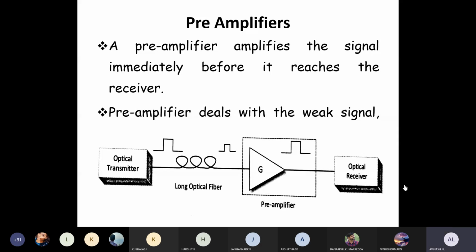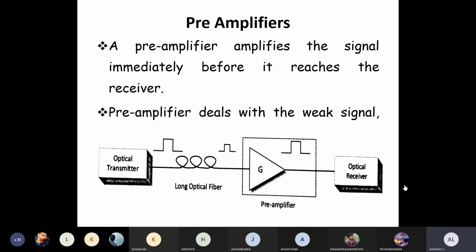The moral of the three amplifiers, that is booster amplifier, inline amplifier and pre-amplifier, is that we should get approximately the same amount of energy, comparing the transmitted signal and the received signal.